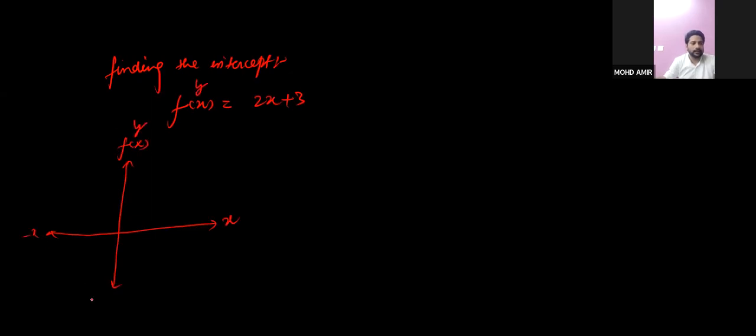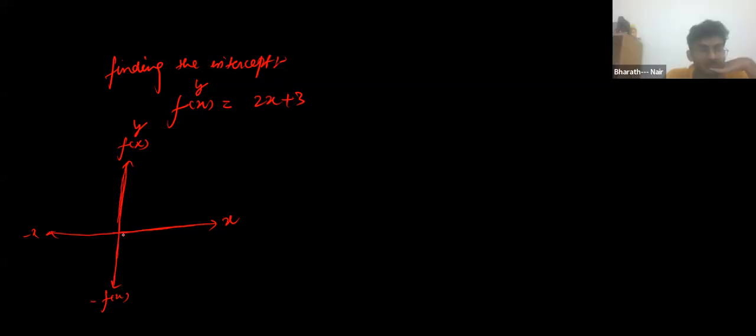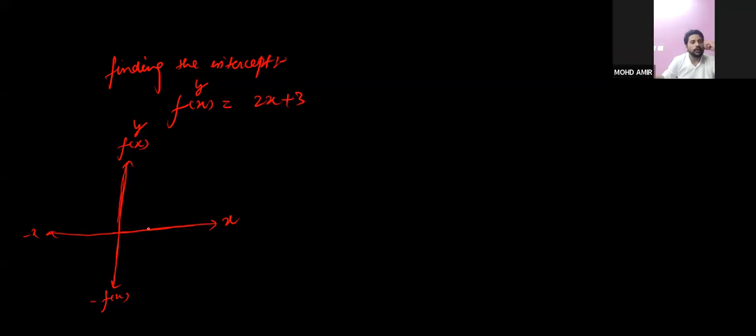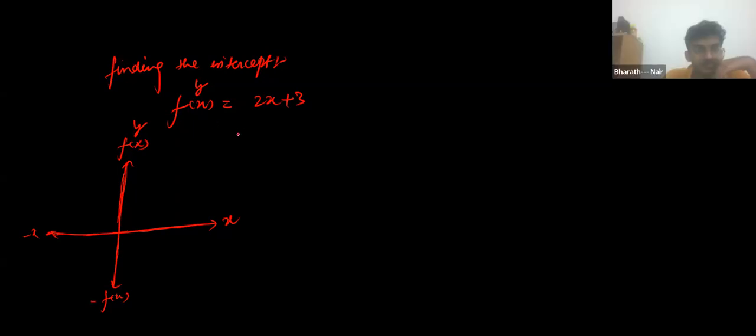On the x-axis f of x will be 0, and on the y-axis the x will be 0. So if we have to find the x-intercept, we put f of x equal to 0, because on the x-axis f of x is always 0.